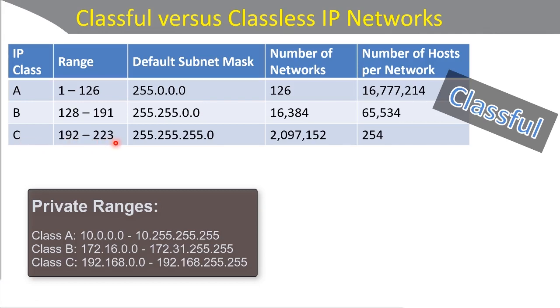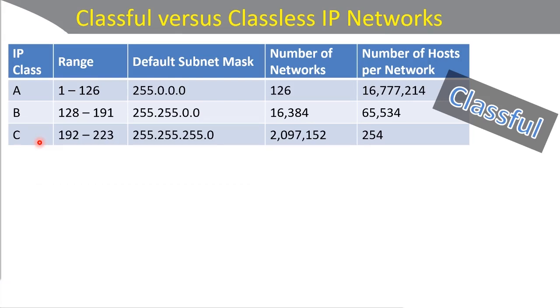So, for example, if you had a SOHO router that was on 192.168.0.1, its default Class C subnet mask would be 255.255.255.0. And you can see the number of networks increases for each class, and the number of hosts per network decreases. So Class A is great for big networks, enterprise networks. Class C is good for small offices, home offices.